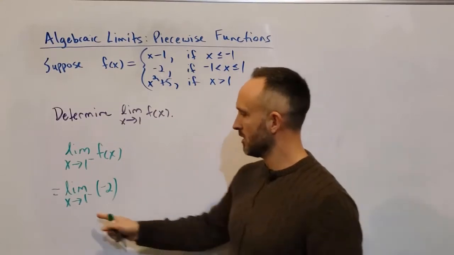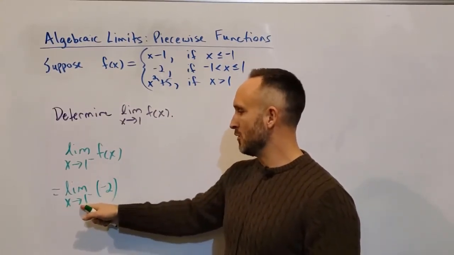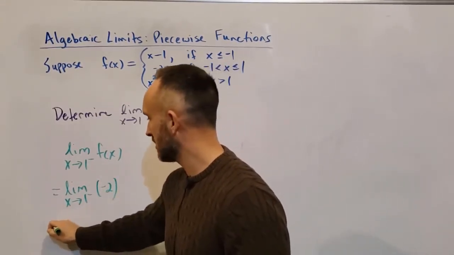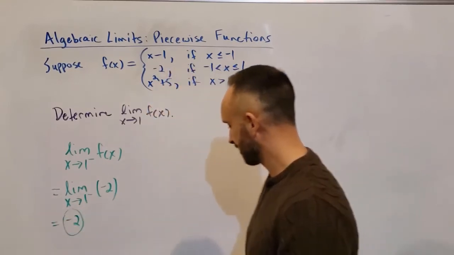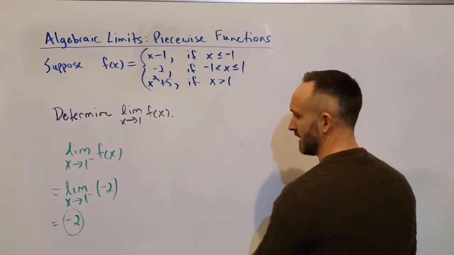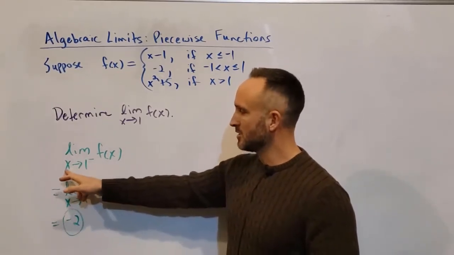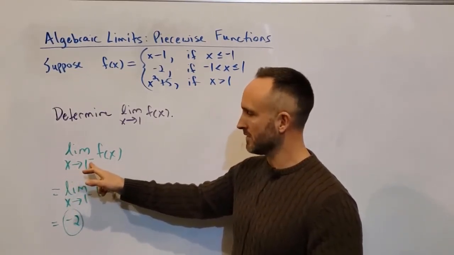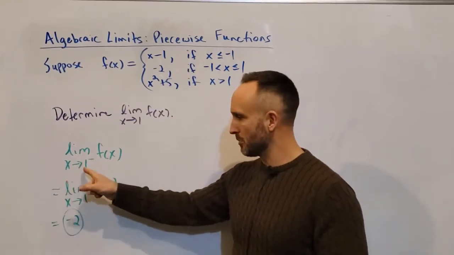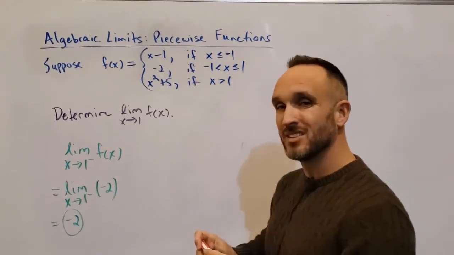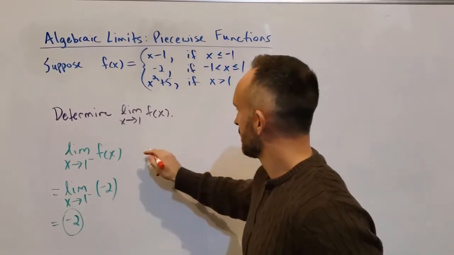And as we said before, regardless of the value of x, -2 is always the constant -2. Okay, so the left-sided limit here is -2. Now, make sure you understand, x is approaching +1 from the left. This does not mean -1. We're approaching +1 from the left. So it is a different limit than we looked at before.